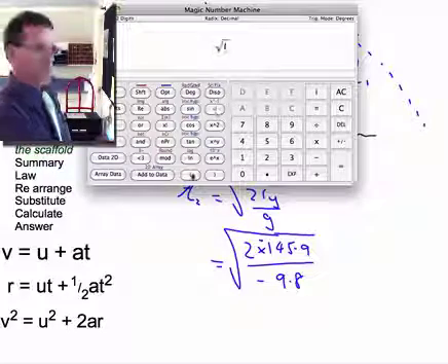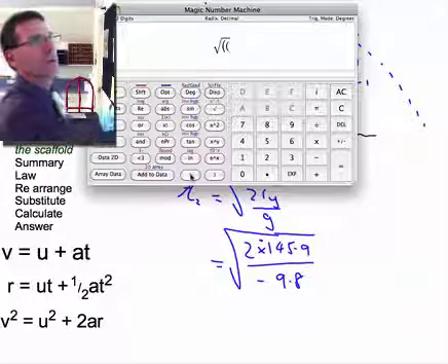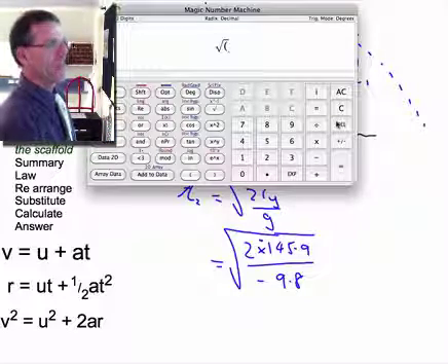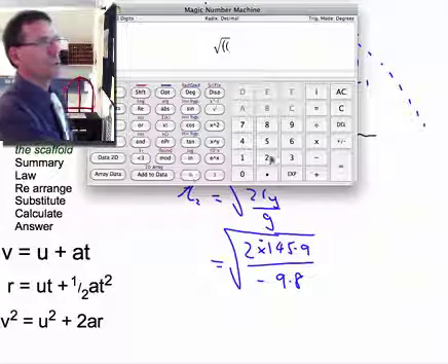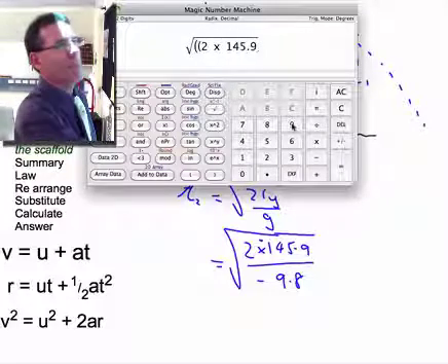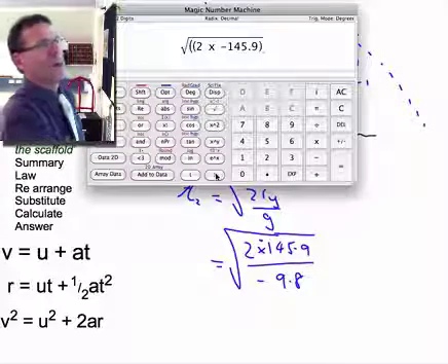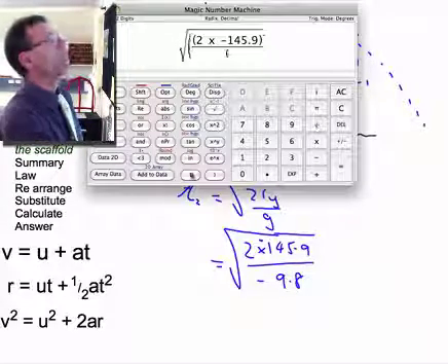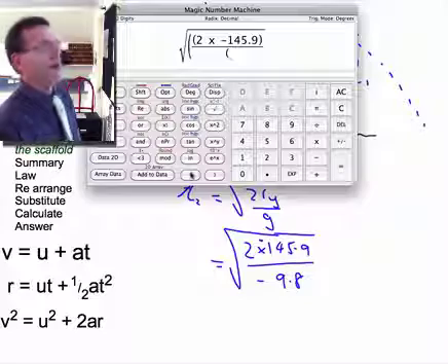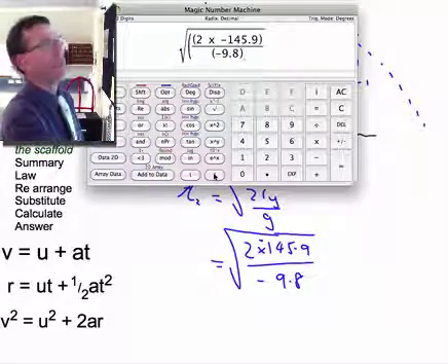So let's grab our calculator and work that out. We want the square root of 2 times 145.9, but that was a negative number, divided by negative 9.8.